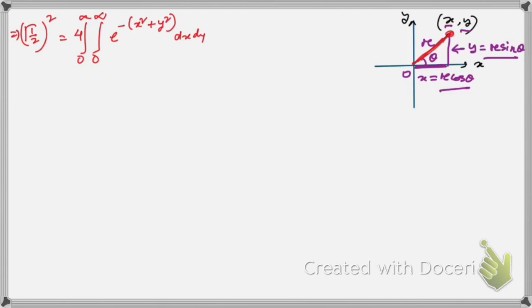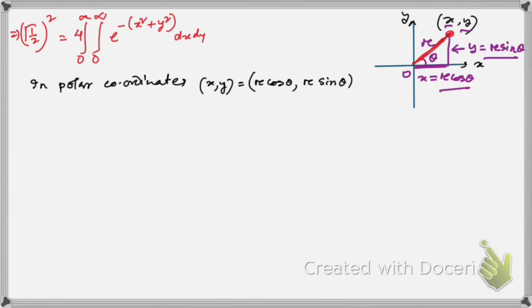So in polar coordinates, x comma y is equal to r cos theta comma r sin theta, right?